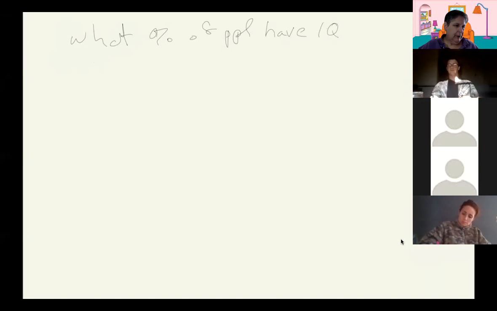So what percentage of people, hold on, I have got to get the pencil down smaller. What percentage of people have an IQ greater than 90?